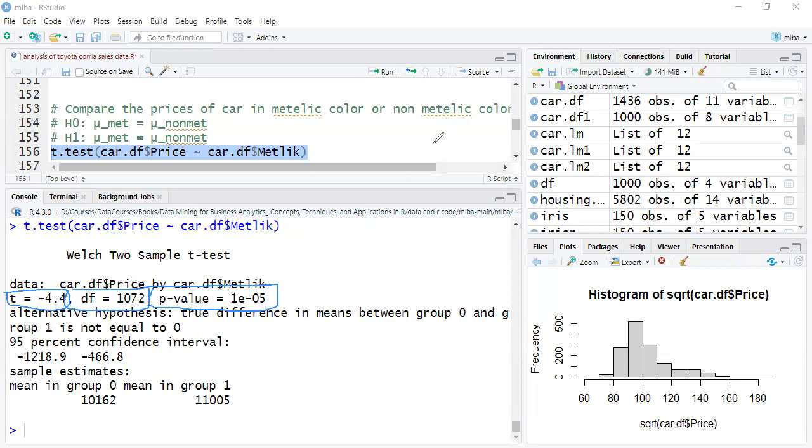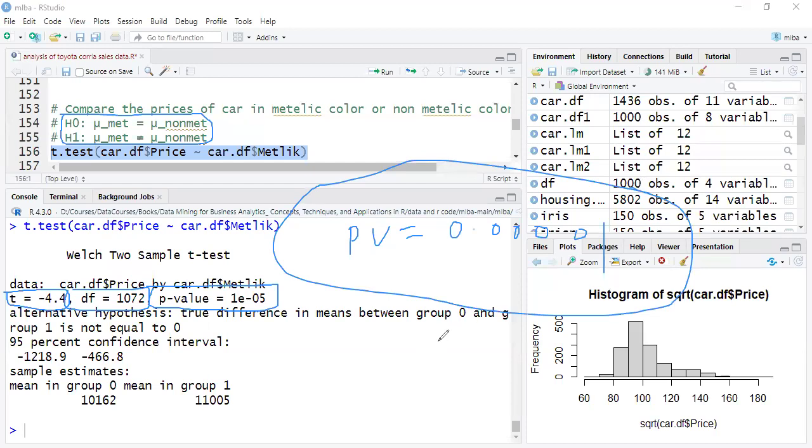Your H0 is means are equal, and your alternate is means are not equal. Mean of metallic car is equal to the mean of non-metallic car. Mean of metallic is not equal to the mean of non-metallic car, right? The p-value is 1e minus 5. So actually the p-value is 0.00001. And the p-value is very small. Smaller than what? 5%, 0.05.